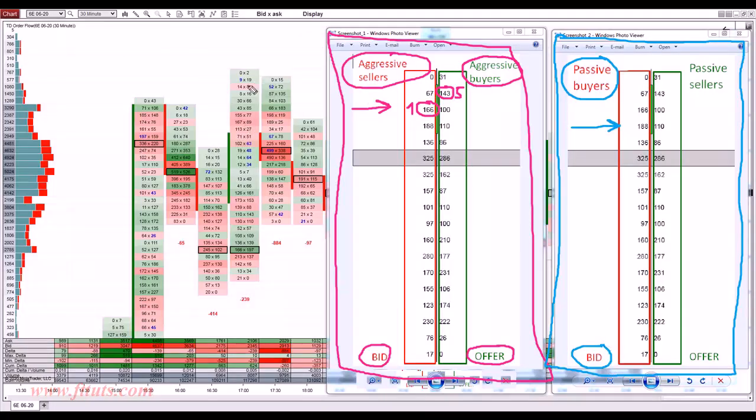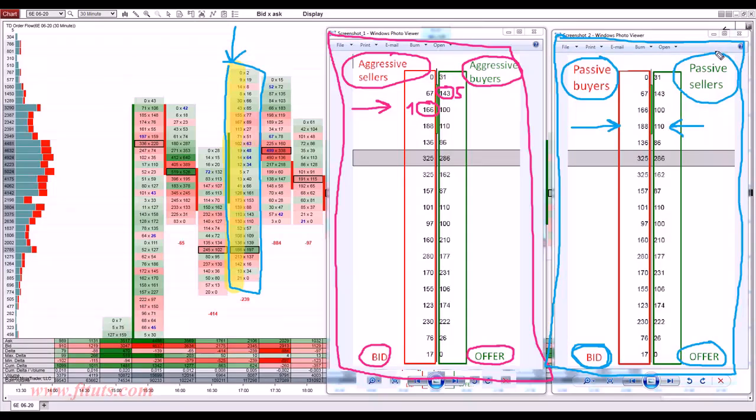If you look at the footprint, for example, this one, then this left side is the bid side. So those guys who buy with limit orders are shown there on the bid side. Now, on the other hand, if you are a passive seller, you sell with a limit order, and if your order gets filled, it will show on the offer side.